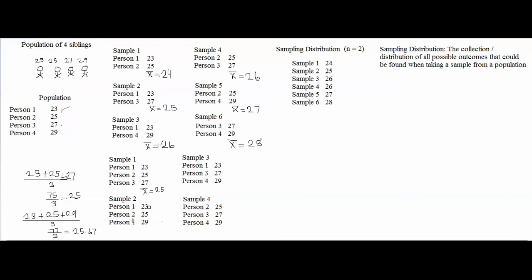So we added the 3 numbers, and then we divided the total by 3, and we got 25.67.